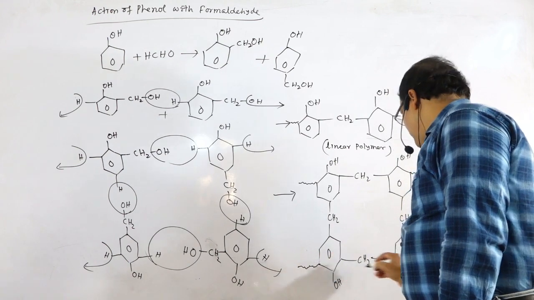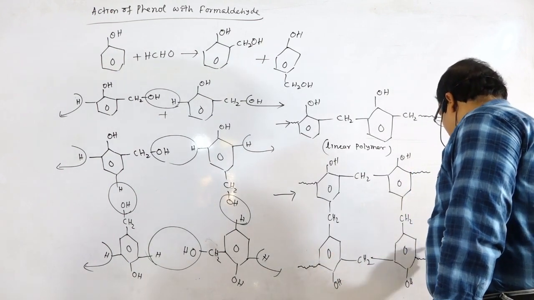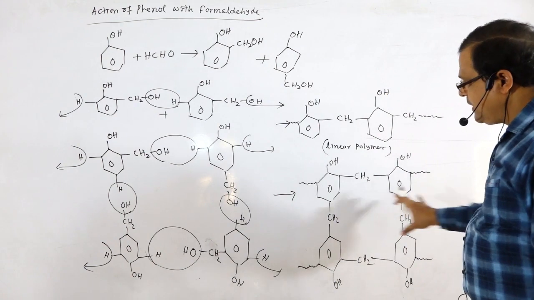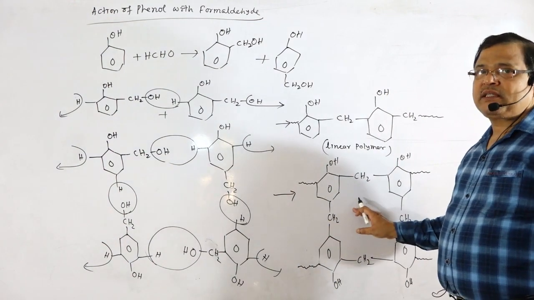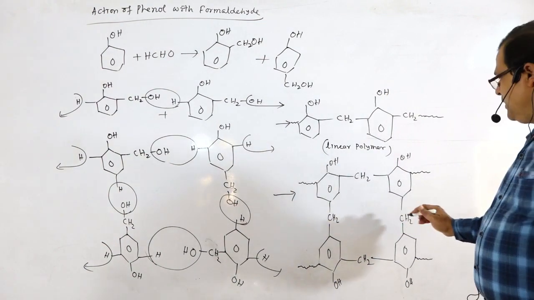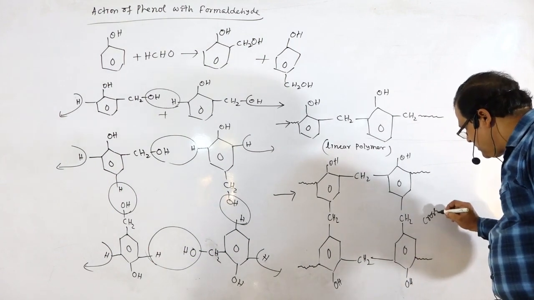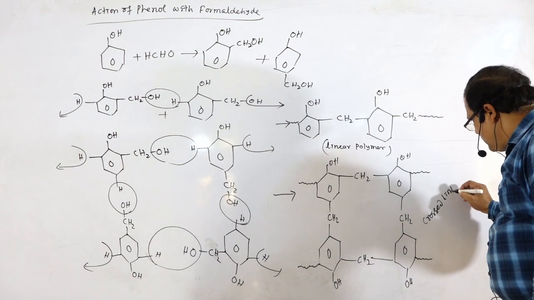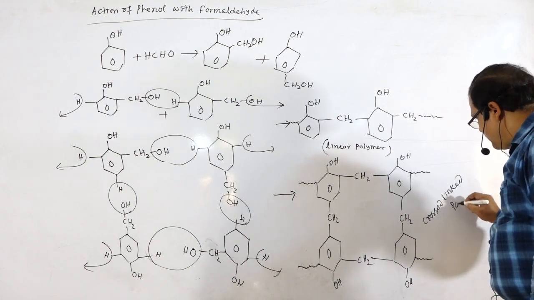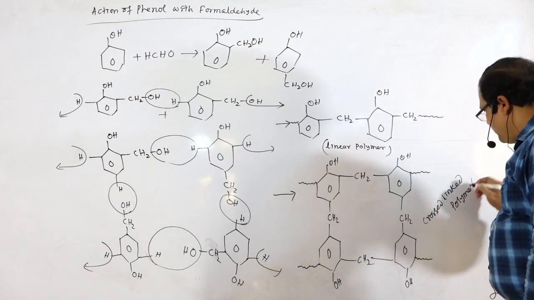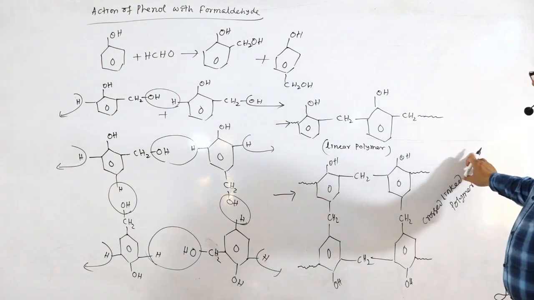This means this chain will go on this side and that side. So that is the formation of the cross-linked polymer. Cross-linked polymer will be found.